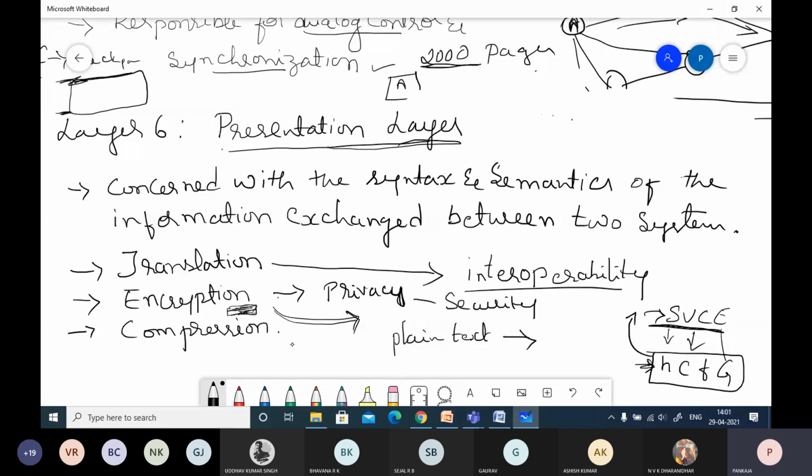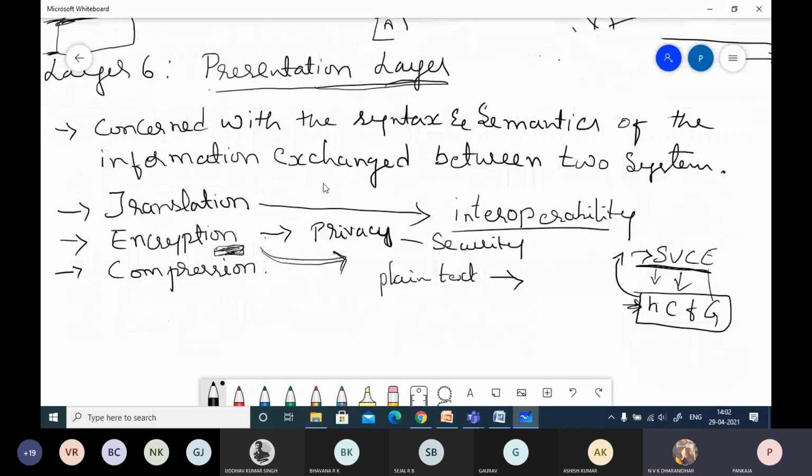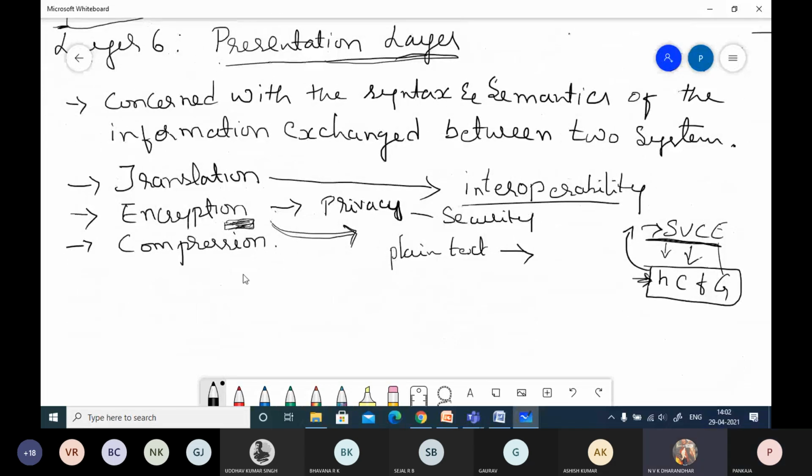Then compression. What do you mean by compression? What did you understand of the meaning of compression? Combining data into a single unit. What happens if I do data compression?